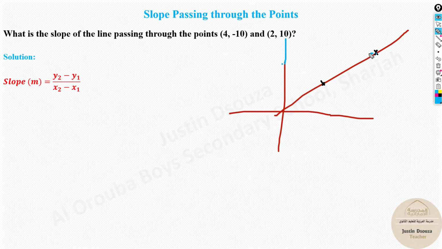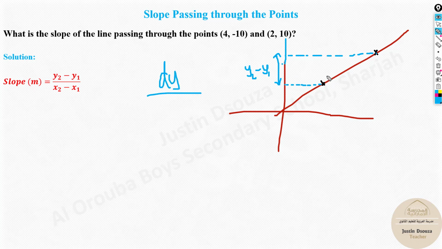This is the y2 point, and this is y1. So it is the difference of y2, this line and this line. So this is y2 minus y1. That is the rise on the y-axis, or you can write it simply as dy.